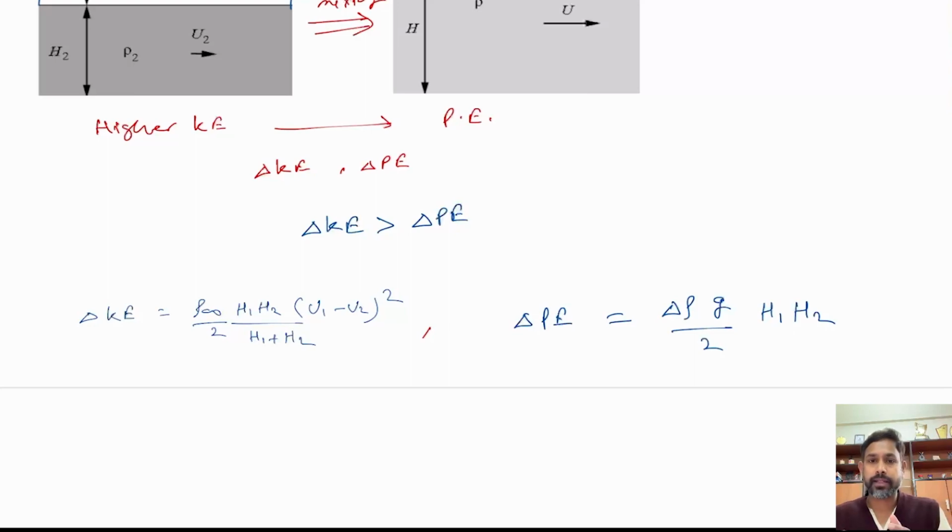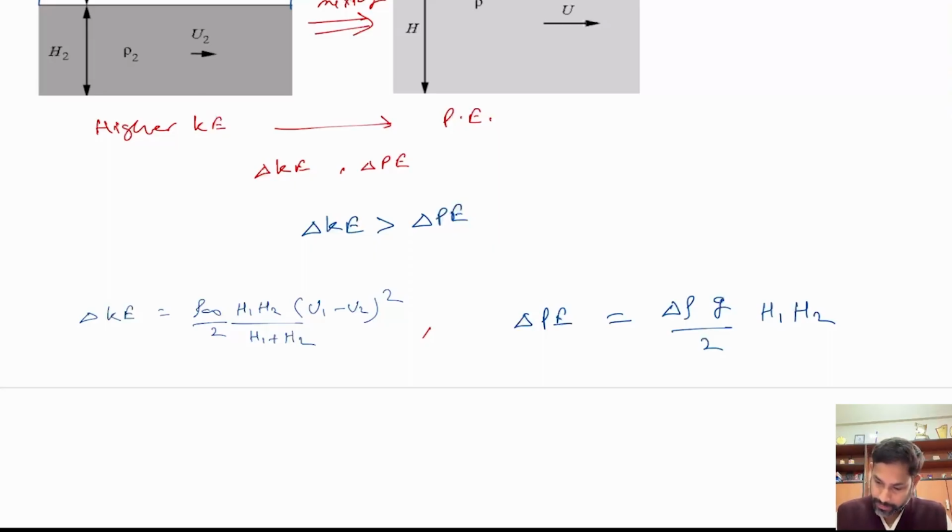Because if kinetic energy is more in value, then only it will be able to bring the majority of the lower layer fluid to the upper layer, and vice versa for the upper layer, right? So this criterion is very much needed.